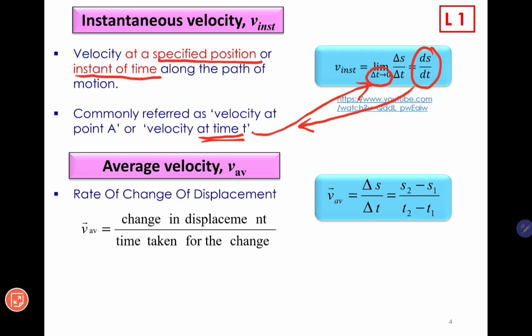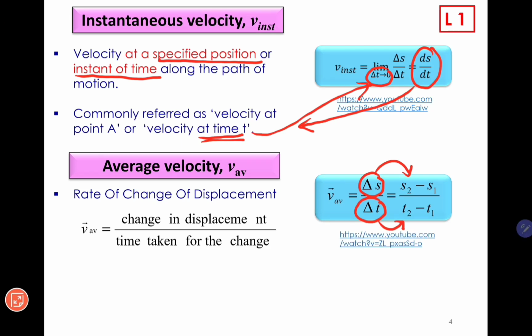So delta s is the change in displacement and delta t is the time taken for the change. Alright, or delta s still equals to s2 minus s1 or s final minus s initial, and delta t is t2 minus t1 or t final minus t initial.